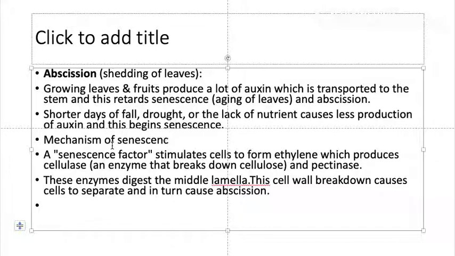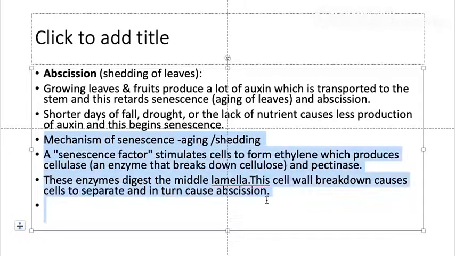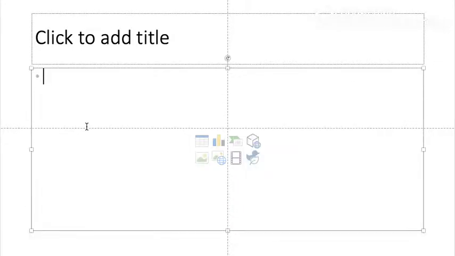Senescence means aging, or the shedding of the leaves. Okay, so this part is not related to abscission, but it's just explaining to you. I will just take it off and keep it here.